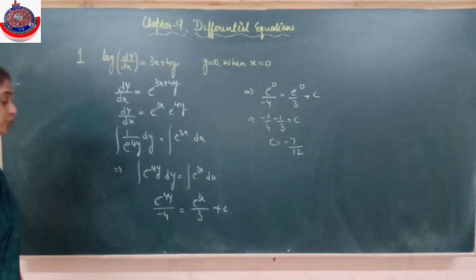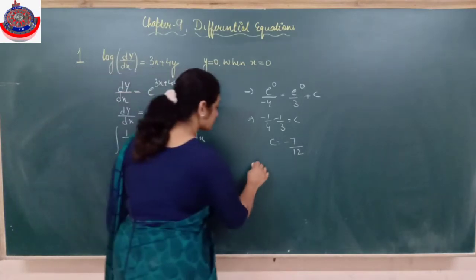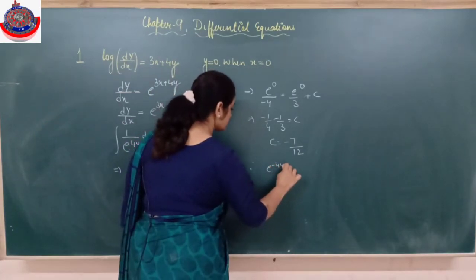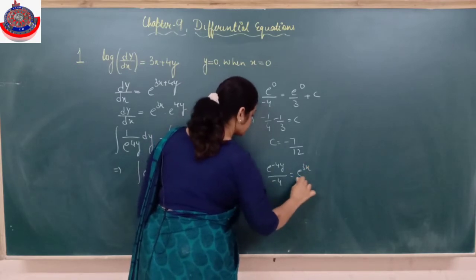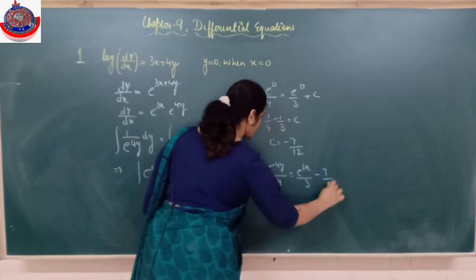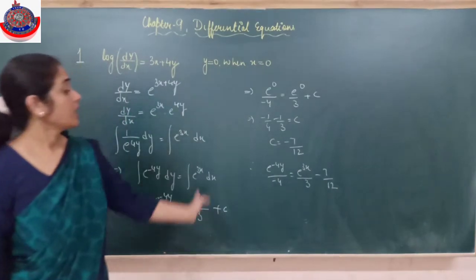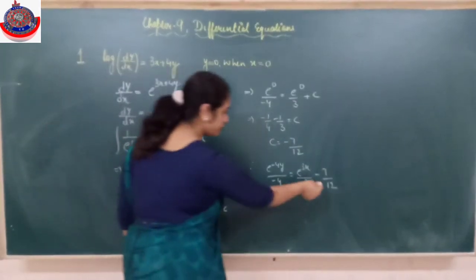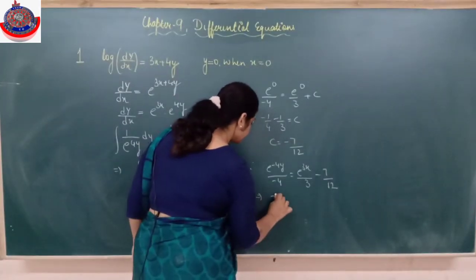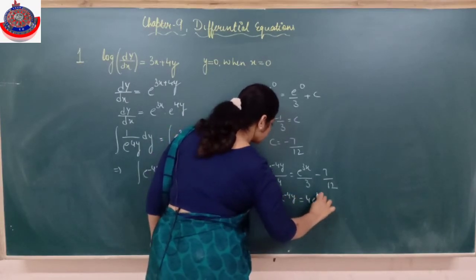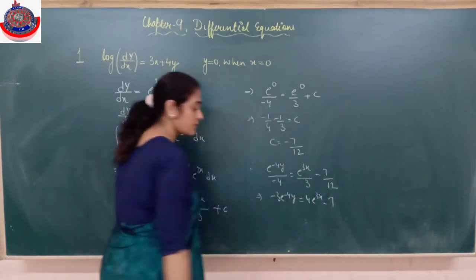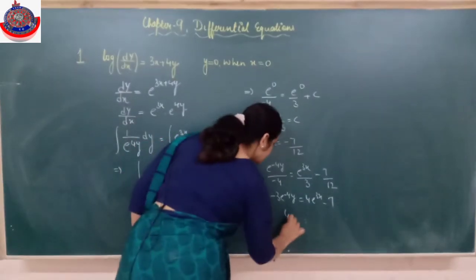Alright. So put the value of c. Multiply both the sides by 12 because that's the highest number. Alright, all the terms on one side.